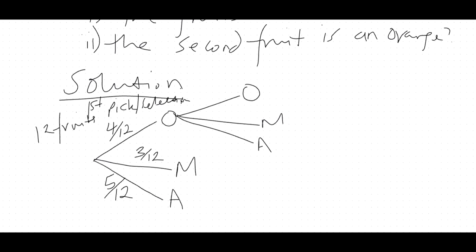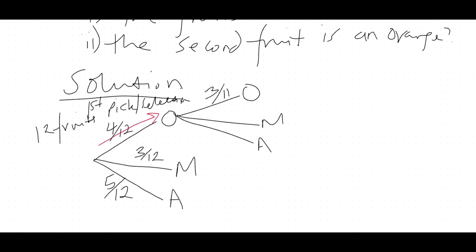So you picked one orange, so you are only left now with 3 oranges. And then the total number of fruits remaining is now 11. But you have not picked any mango so far, you have not picked any apple so far. That is if you're following this route here.